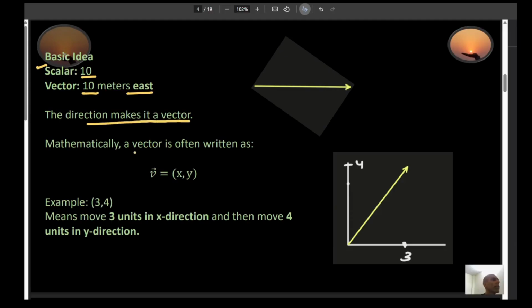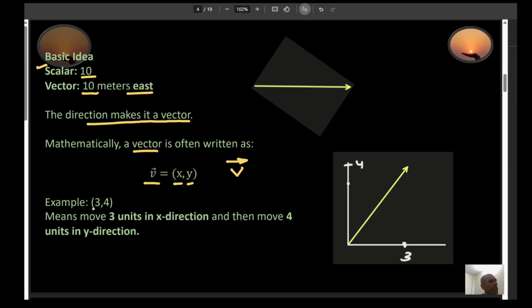Mathematically, we often write a vector with this notation. We have a letter, it could be A, B, C, D, any letter, and then we put an arrow on top, and then we say equal to x comma y. In this case, you have two components, x and y component. By the way, you can have 3, 4, 5, many components.